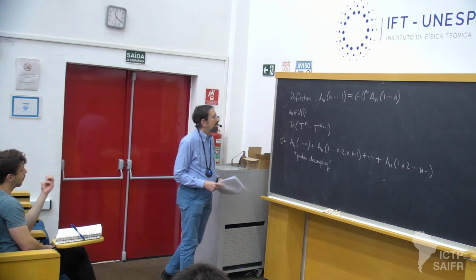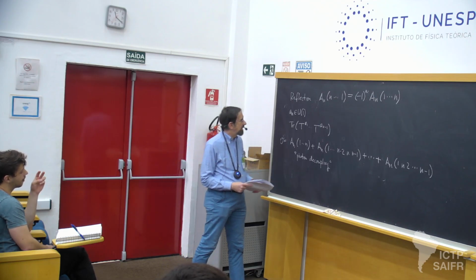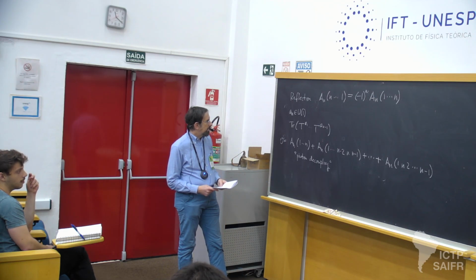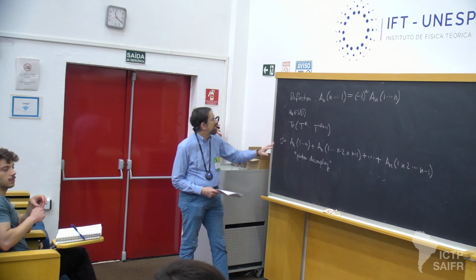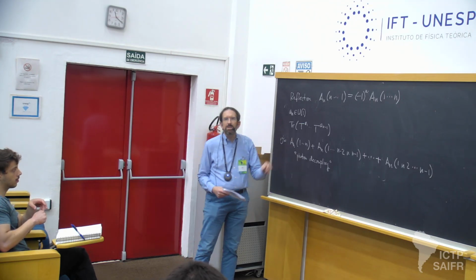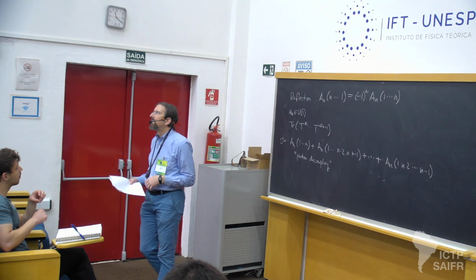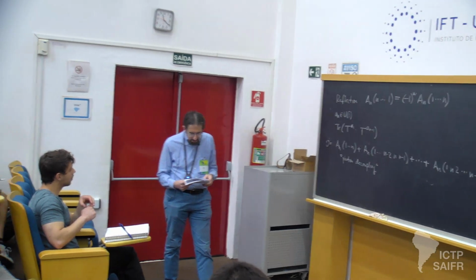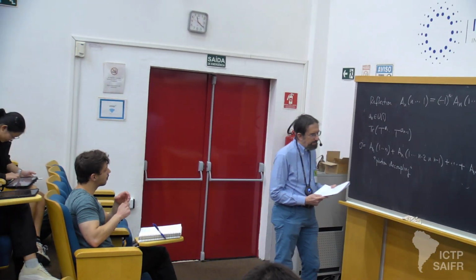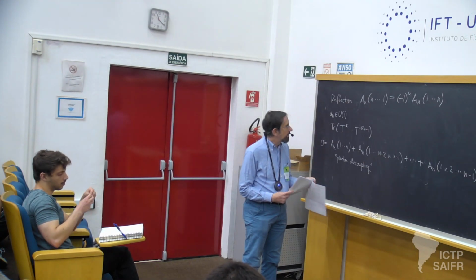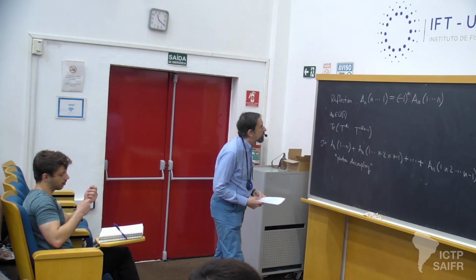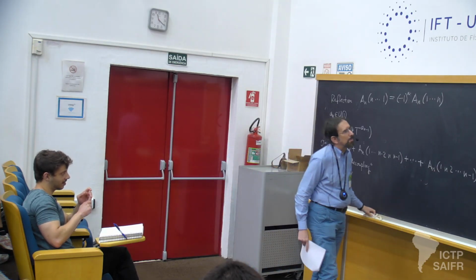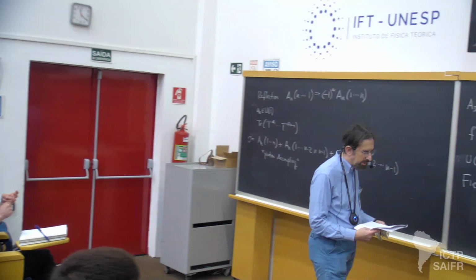And then there are echoes of this at higher loops, and in fact even some exotic ones at tree level, which are still being understood in detail, and which I think neither of us will probably have time to talk about.